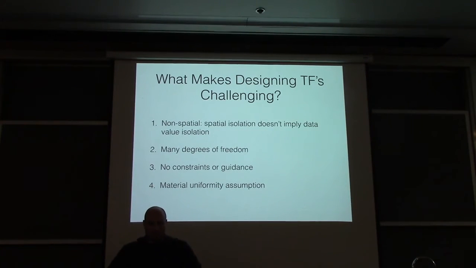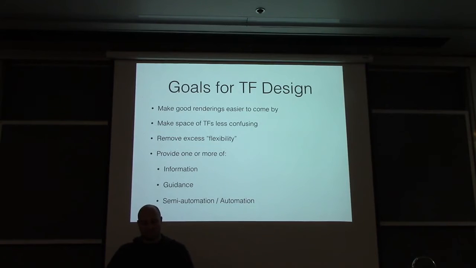In addition, there are problems with how you apply this to multidimensional, multi-field data. I'm not going to get into that too much today, but in short, the big challenge with 1D transfer functions is that you can't just look at the histogram or the data set and immediately know what to do.